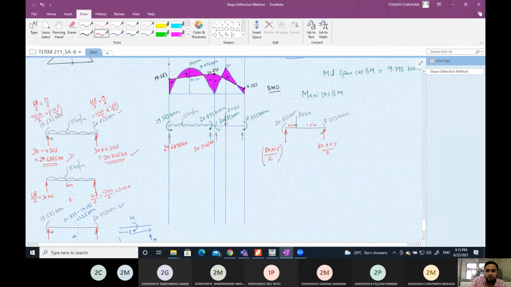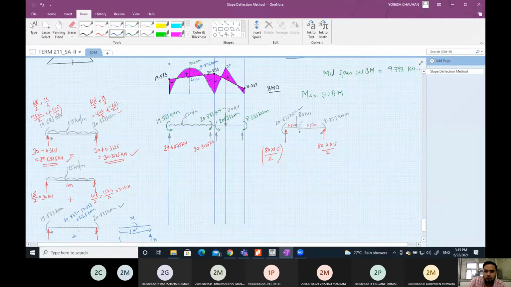Now in addition to this, because of this moment, this is 20.833 acting in anti-clockwise direction. This is 8.33 in clockwise direction. So this one is bigger value.